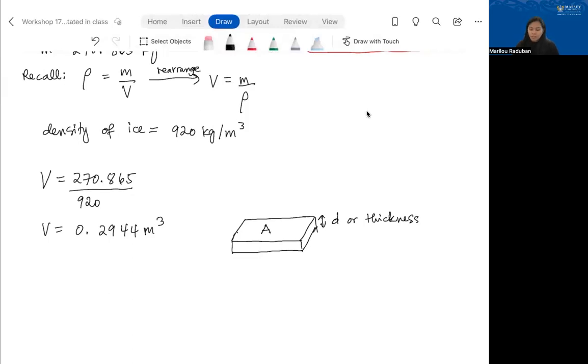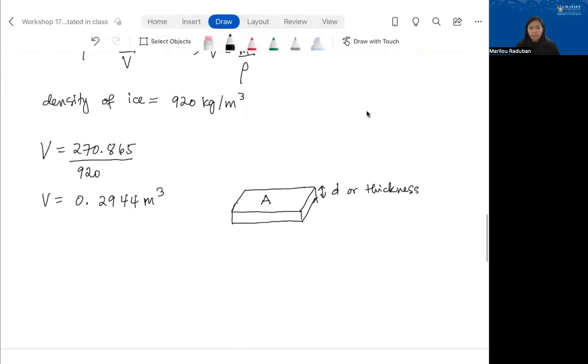Right. Okay, so that's now how we will be able to find the thickness of the layer of ice that's added by knowing the volume. So the volume, in short, is equal to the area times the thickness of the ice.